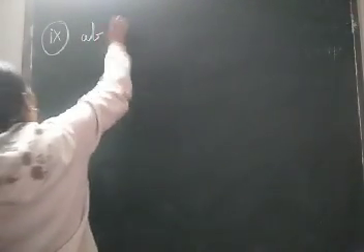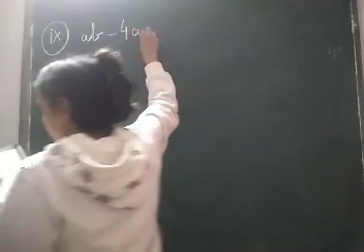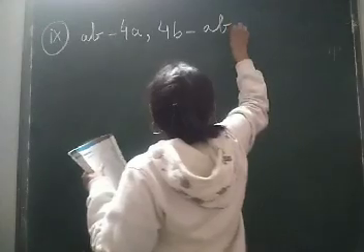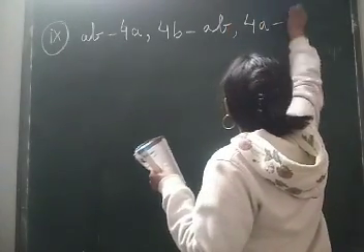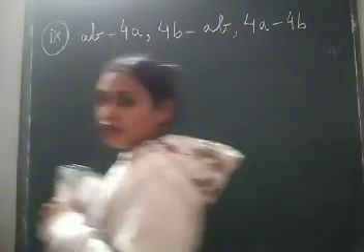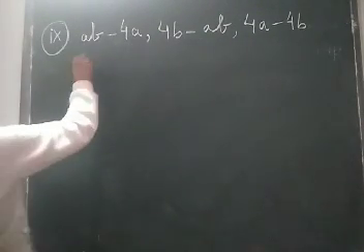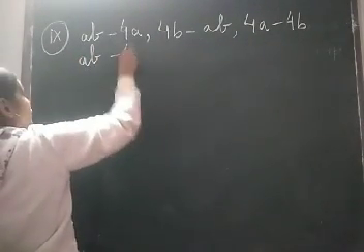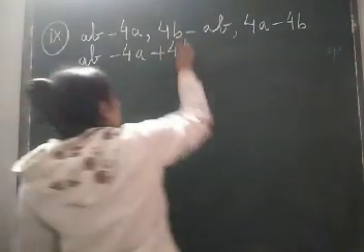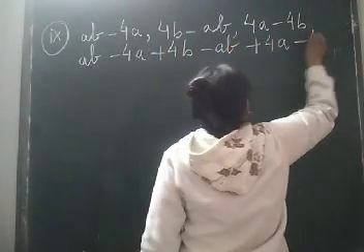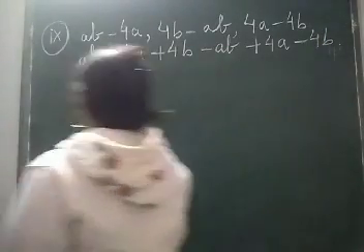So the 9th one is AB minus 4A, 4B minus AB, 4A minus 4B. In place of commas, we are going to put plus signs. AB minus 4A plus 4B minus AB plus 4A minus 4B.